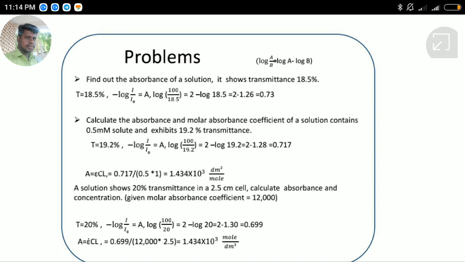Second calculation: calculate the absorbance and molar absorption coefficient of a solution containing 0.5 millimole and exhibiting 19.2 percent transmittance. Here also we have to use the same formula, only in place of 18.5 we have 19.2. So use the same formula, A equal to minus log I by I0, where I0 is 100 and I is equal to 19.2.